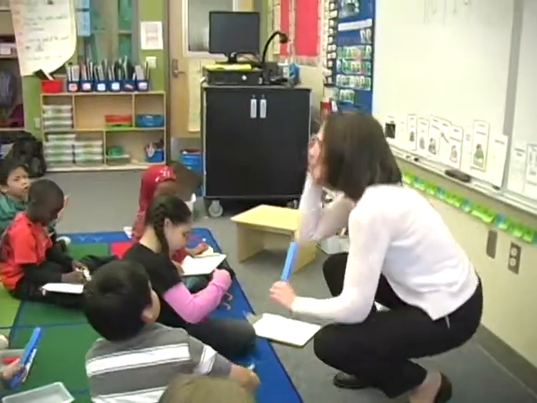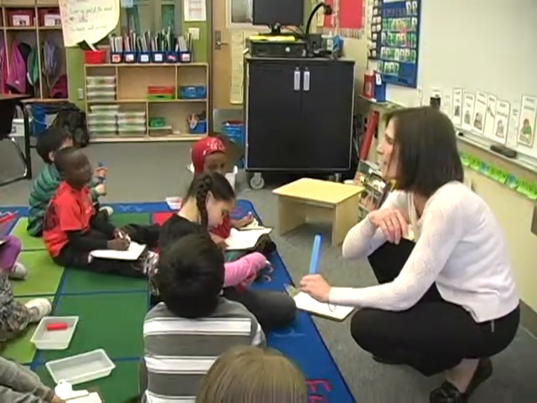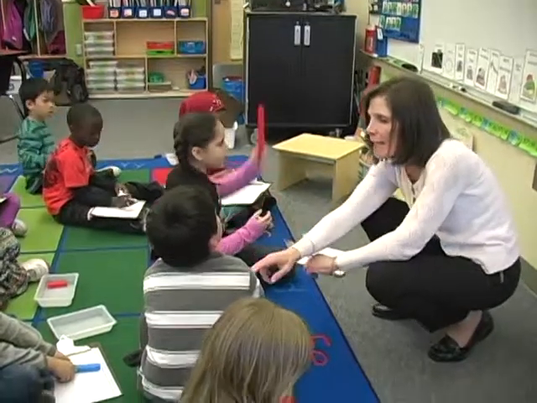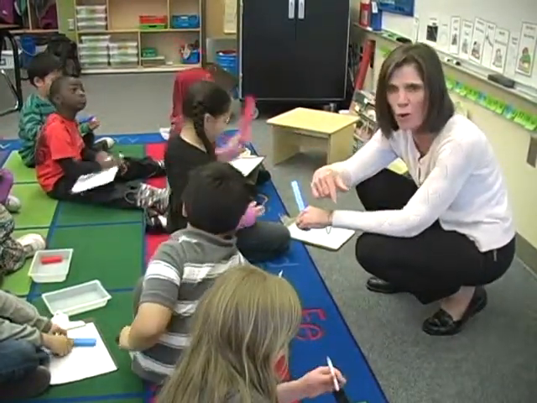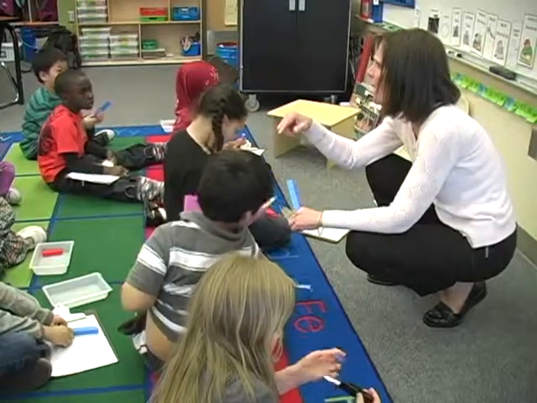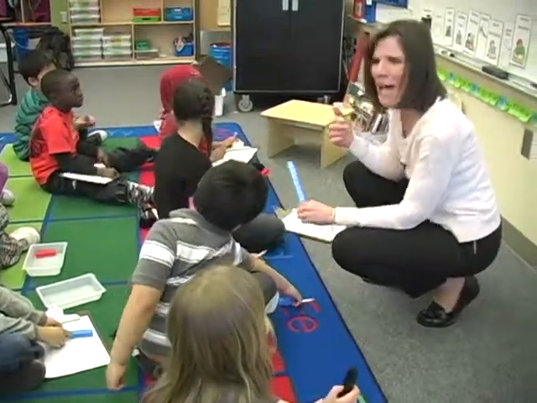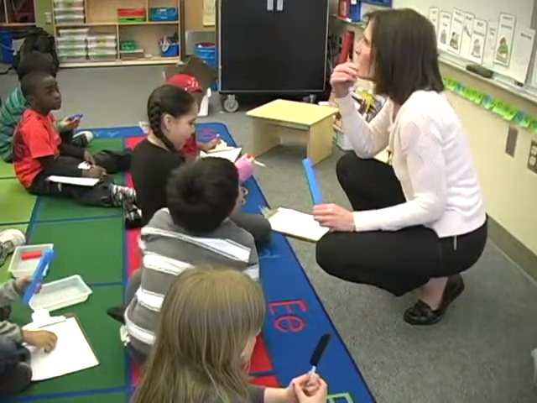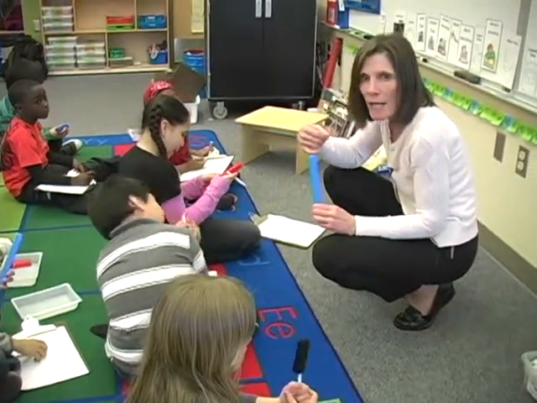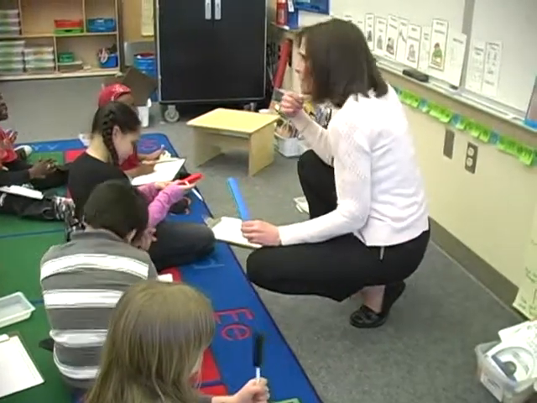Okay, your job, kindergartners, is to see how many different combinations of 10 kindergartners you can find. I'm wondering what happens if 6 go outside. I'm wondering what happens if 9 go outside.